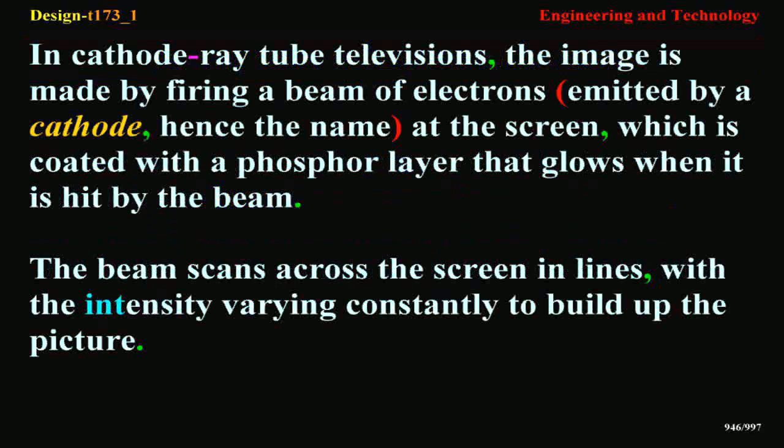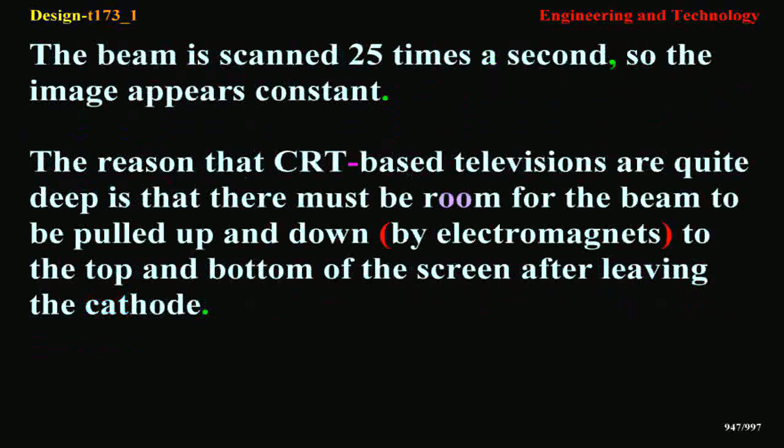The beam scans across the screen in lines, with the intensity varying constantly to build up the picture. The beam is scanned 25 times a second, so the image appears constant. The reason that CRT-based televisions are quite deep is that there must be room for the beam to be pulled up and down by electromagnets to the top and bottom of the screen after leaving the cathode.